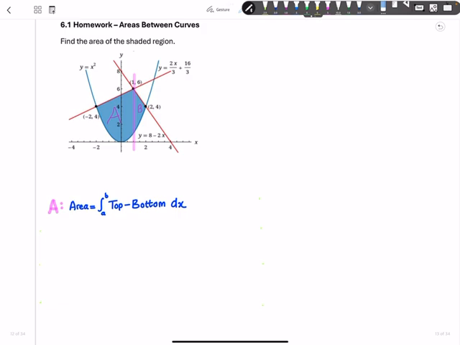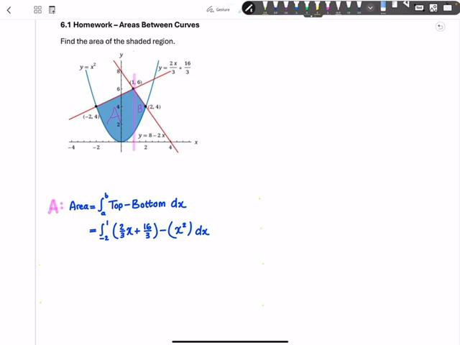For region A, the integral that gives me the area of that region is the integral from a to b of top minus bottom dx. We set this up as an integral with respect to dx, since there's a clearly defined top and bottom. The function on top, the red line, y equals 2/3 x plus 16 thirds, minus the function on the bottom, x squared.